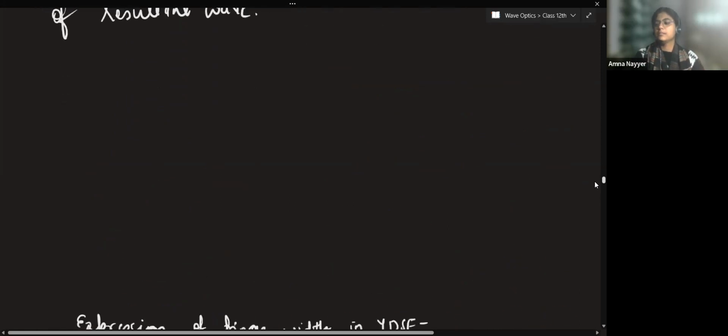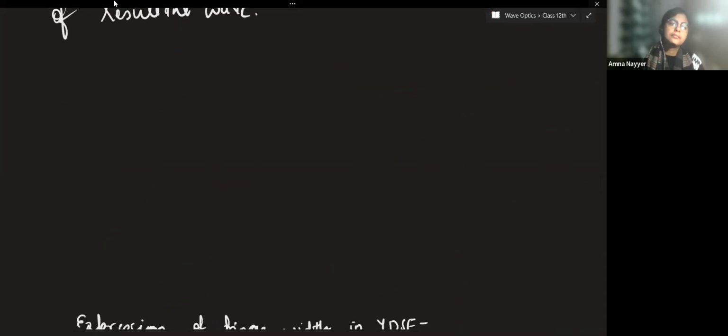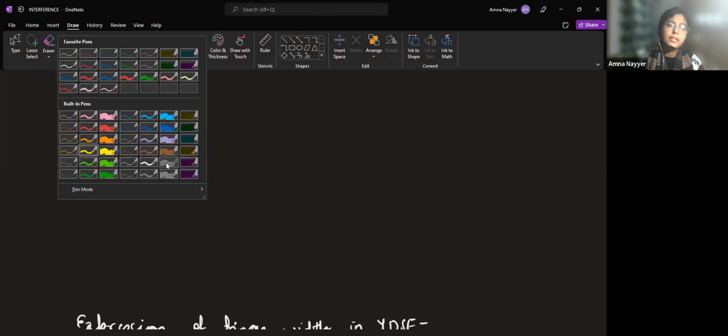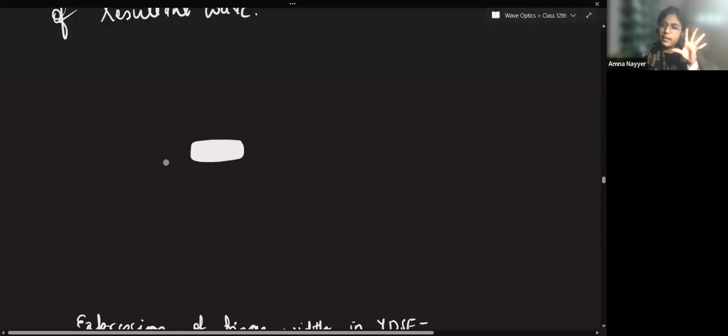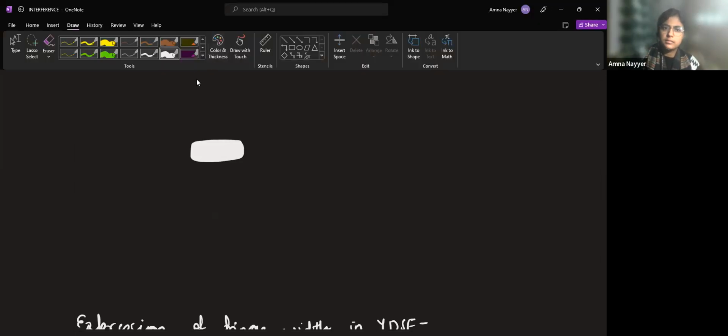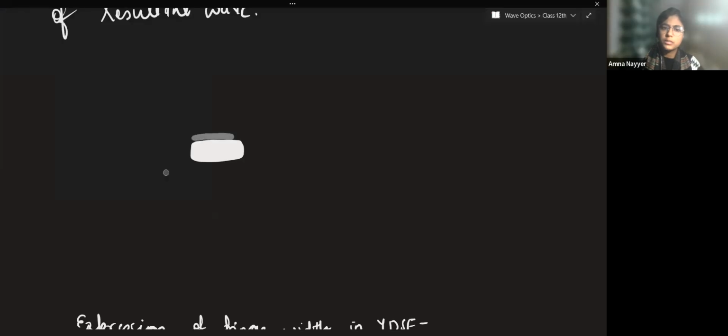Let me show you here. At the center, a very bright central fringe is formed. Then on the sides of it, darkness is there, means dark fringes are formed.